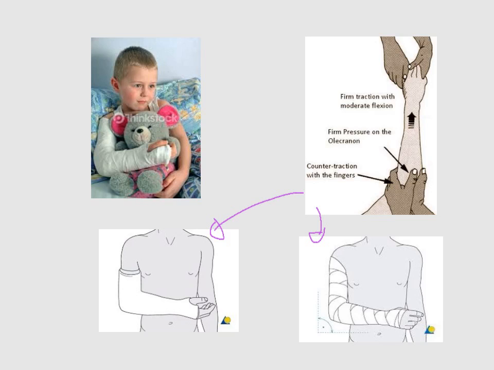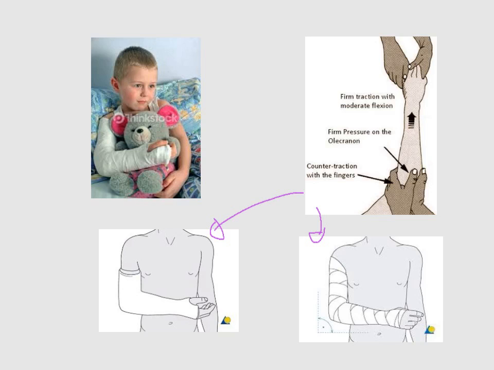So what is the treatment of radius and ulna fracture? Of course, in the emergency room, you have to take history, do a physical examination, give a painkiller, and do a neurovascular examination by checking the pulses, the movement, and the tenderness on the forearm, the wrist and the hand. After this, treatment in children differs from adults.